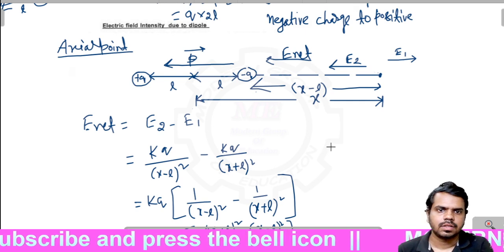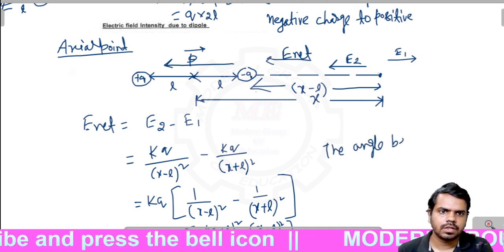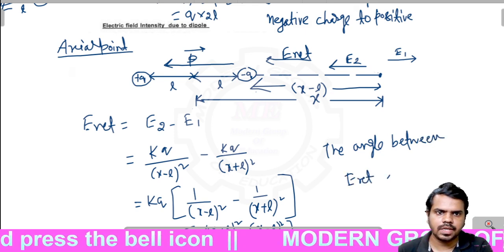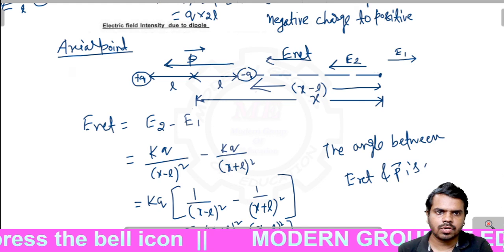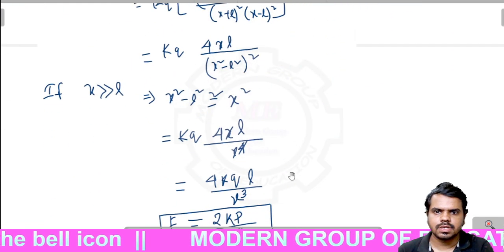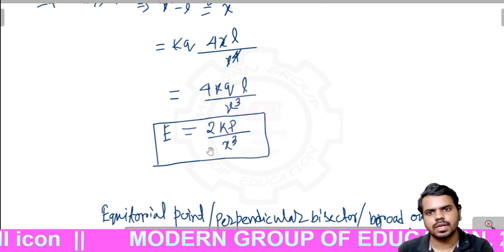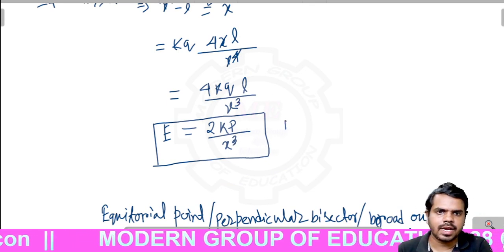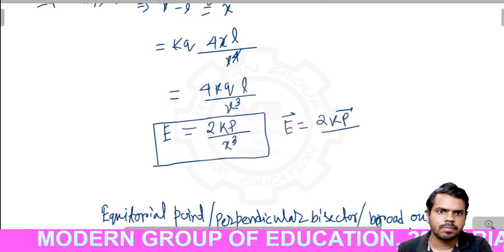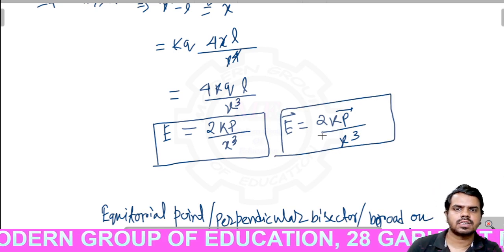So here the angle between E net and p is 0 degree. So we can write the formula of E net is 2kp by x cube along the direction of p. So we can vectorially write E vector is equal to 2kp vector by x cube. This is actually 100% right equation because the direction is same.